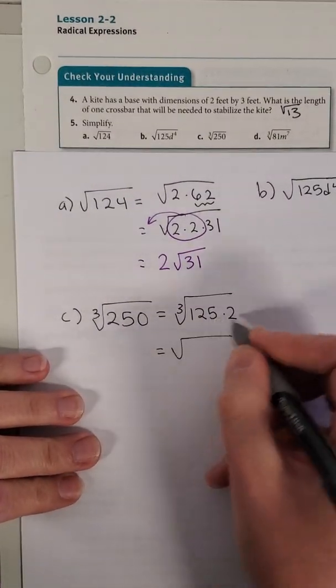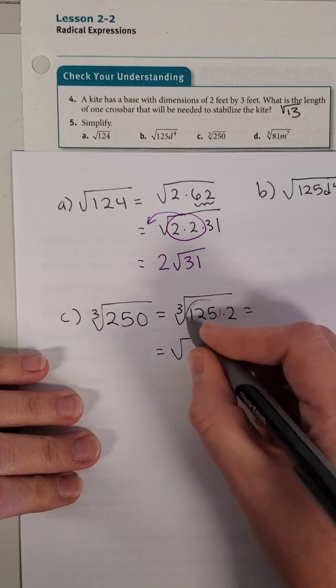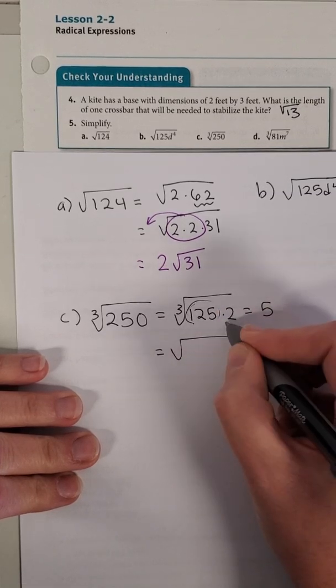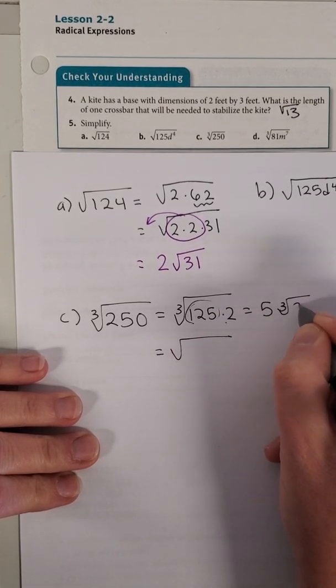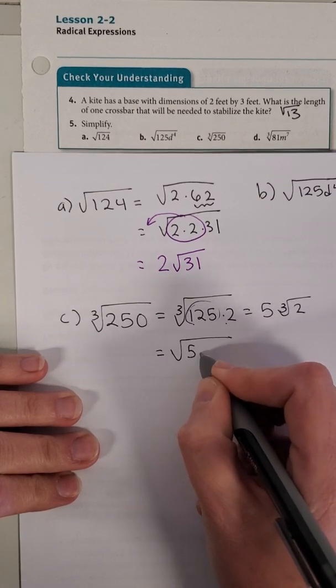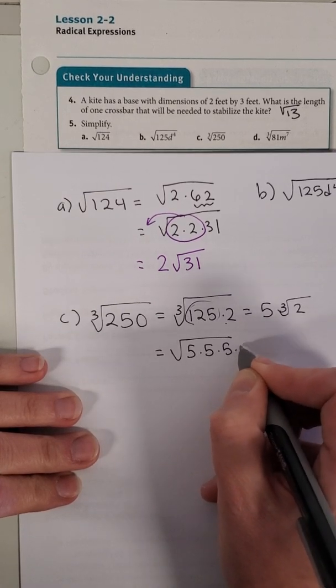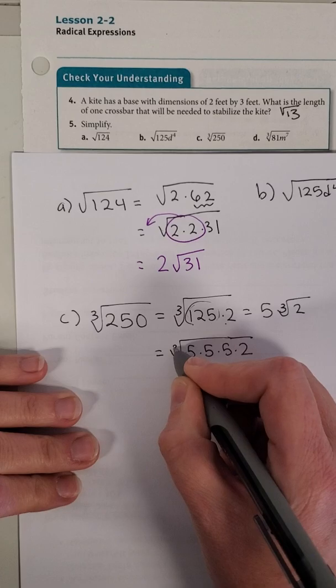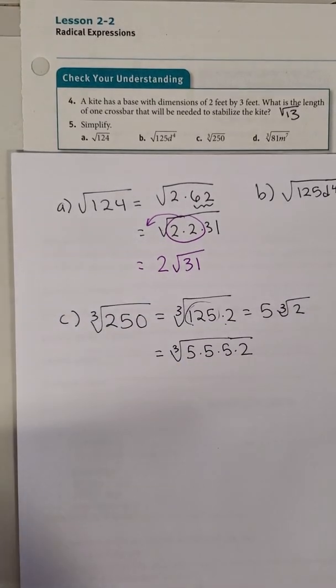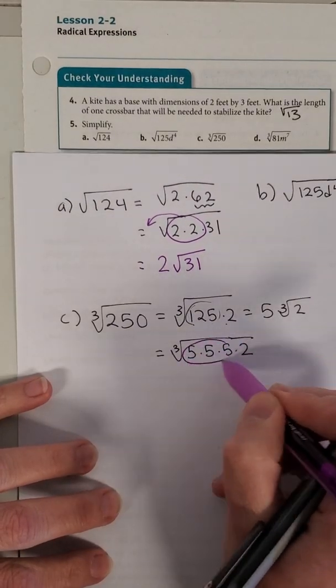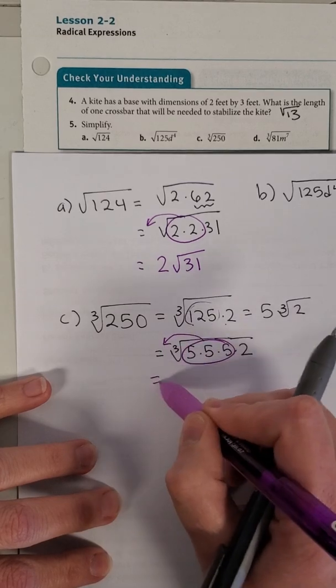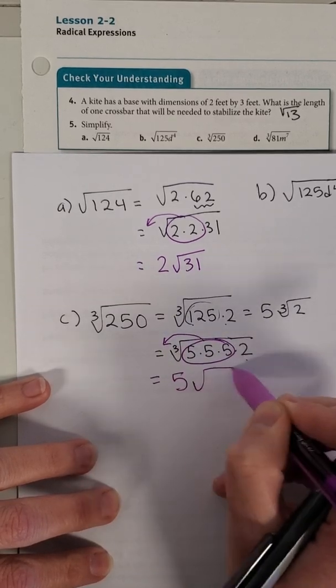So you could just write this as 5, and then under the radical is the 2. Or you could prime factor this, 5 times 5 times 5 times 2. Don't forget your index. And then we're looking for perfect cubes or triples, so that's going to come outside, and under the radical will be a 2.